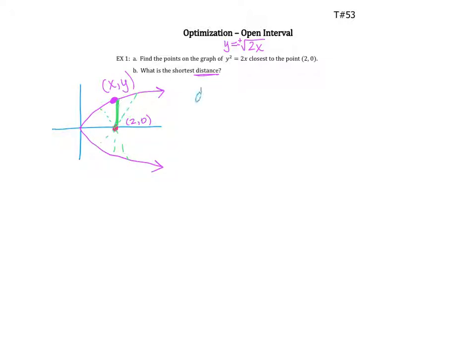So think about what the distance formula would be. Well, the distance formula is the square root of (x minus the x coordinate) squared plus (y minus the y coordinate) squared. So I'll just put in that 0. And just like yesterday, that's my distance formula in 2 variables.